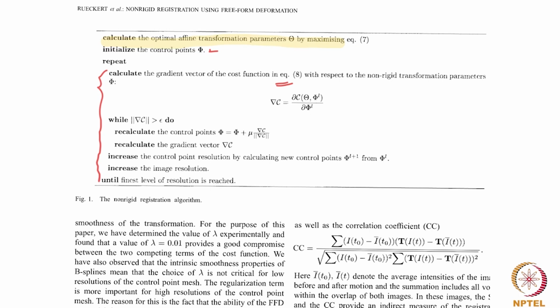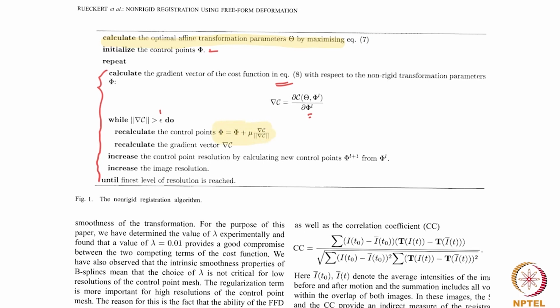You calculate the gradient of the loss function with respect to the non-rigid transformation parameters, which are the deformations estimated at the control points of the mesh. There is a threshold on the norm of the gradient of C. As long as it is greater than this threshold, you do gradient descent.